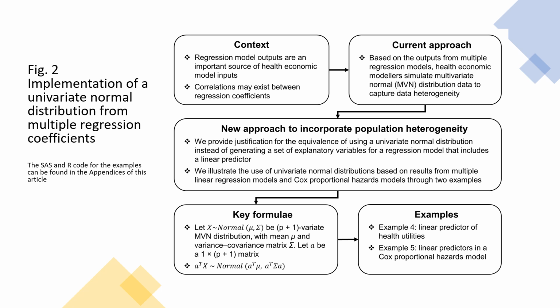We provided justification for the equivalence of using a univariate normal distribution instead of generating a set of explanatory variables, such as age, sex, disease severity, for a regression model that includes a linear predictor. We also provided examples using parameters from a linear fixed effects model and a Cox proportional hazards regression model.